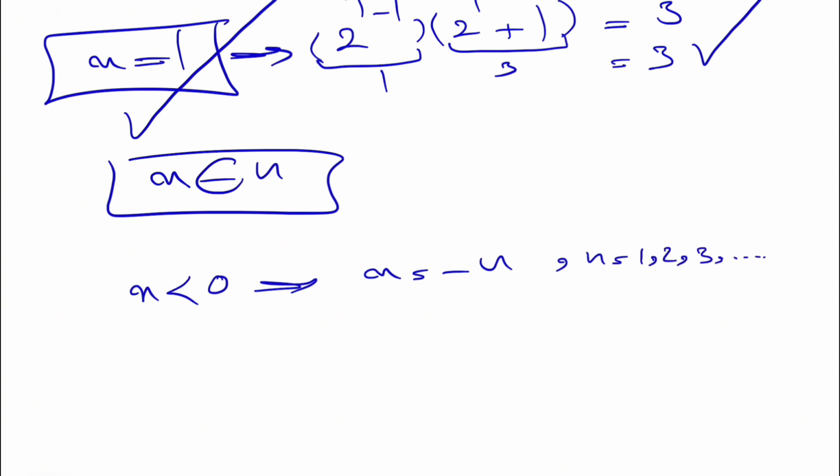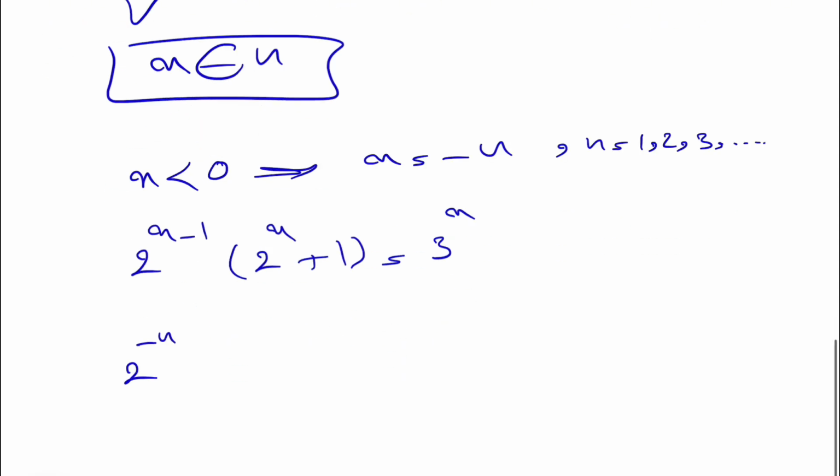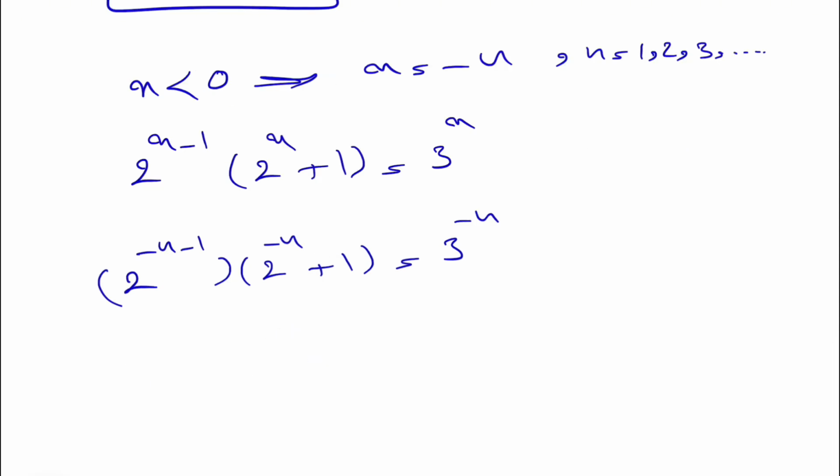So if that's the case, let's just plug this x into the equation that we found. So we had 2 to the power of x minus 1 times 2 to the x plus 1 equals 3 to the x. So we have 2 to the minus n minus 1 times 2 to the minus n plus 1. So we know that when we have a ratio, let's call it x to the minus n, this will be equal to, we just need to have that positive in the denominator.